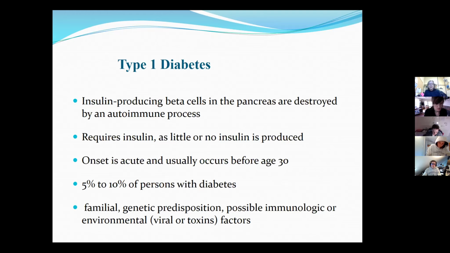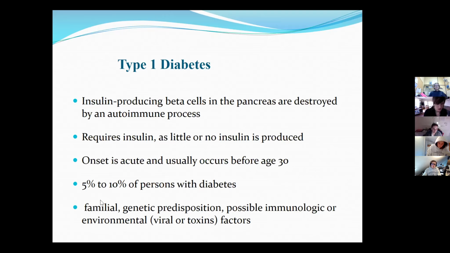Now, type 1 diabetes historically was referred to as juvenile onset diabetes because the majority of it did in fact occur in young people. So the onset is acute and it usually occurs before age 30. Not always, but usually.